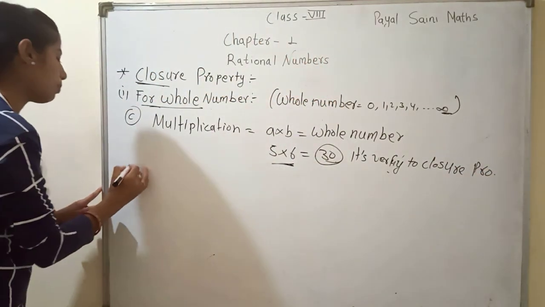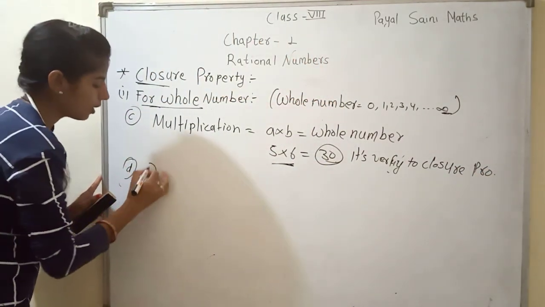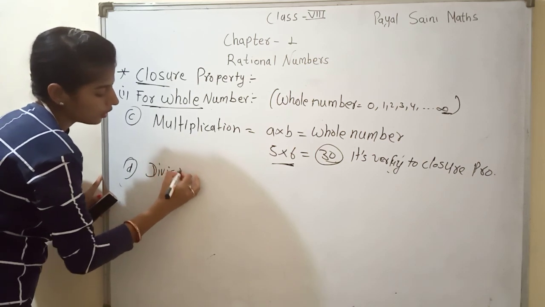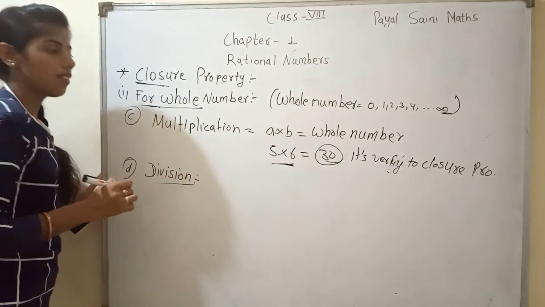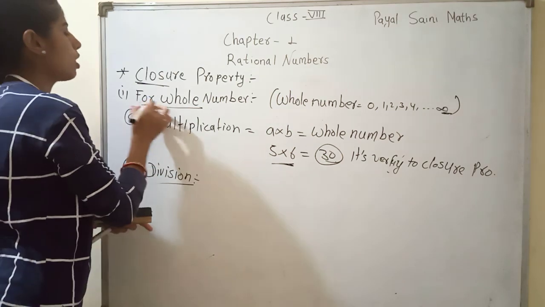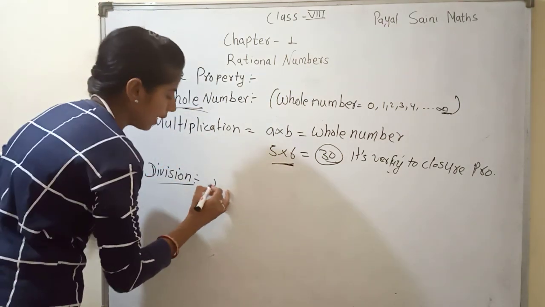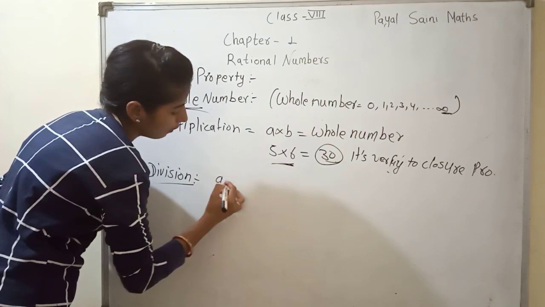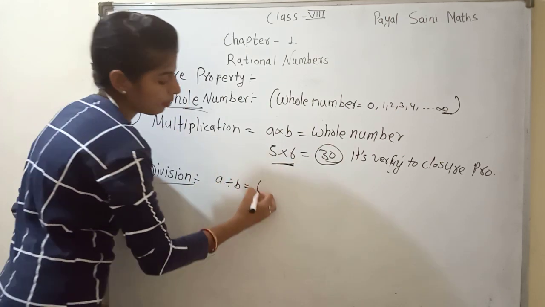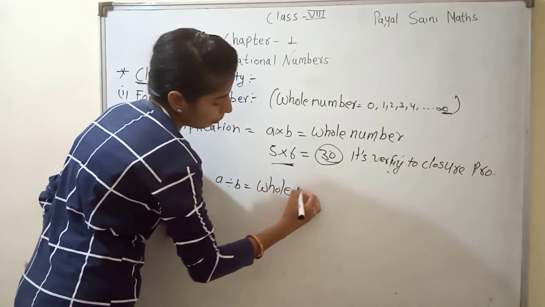I write here PRO means property. Now point D is division. We check division: is closure property verified, yes or no? I write a divided by b, and your answer should be a whole number.